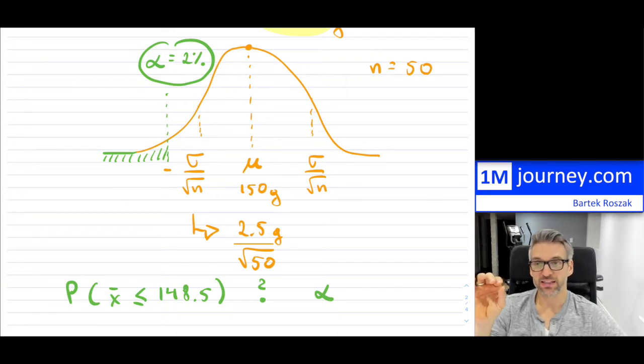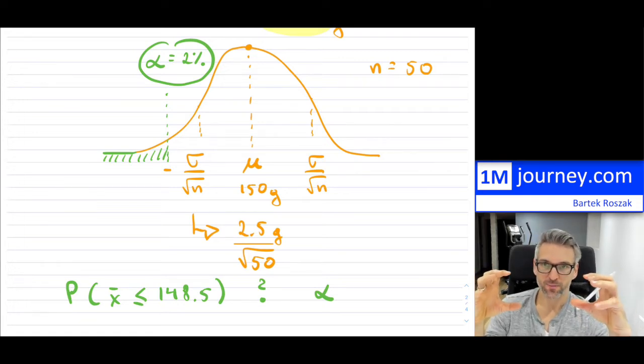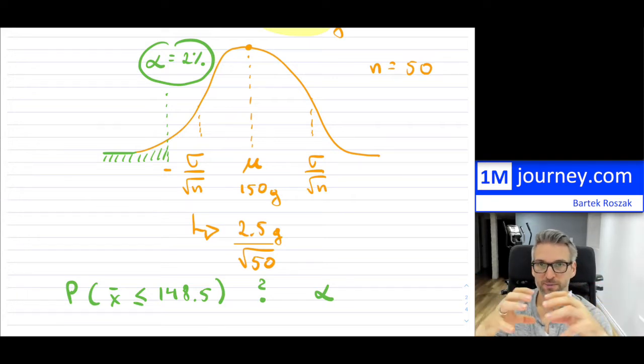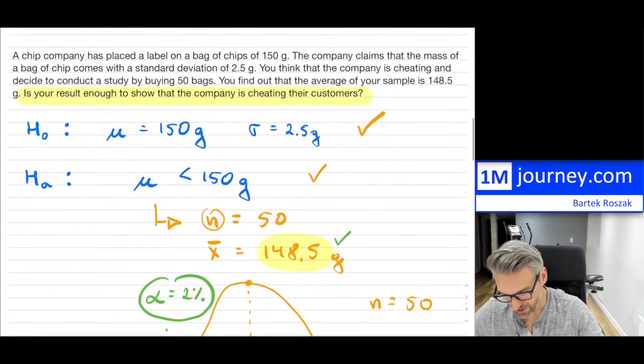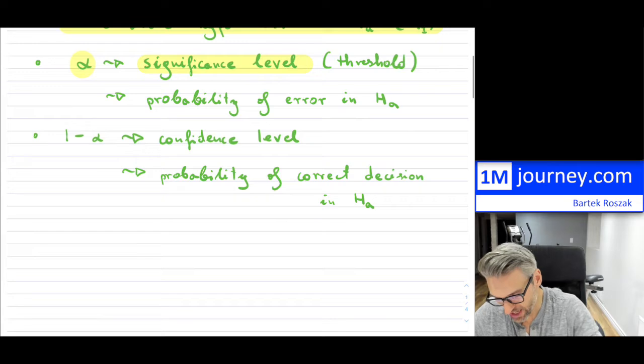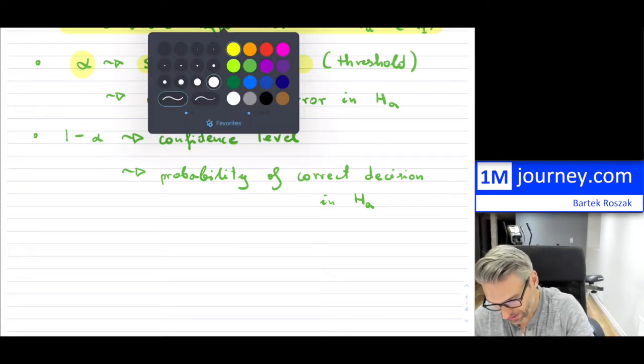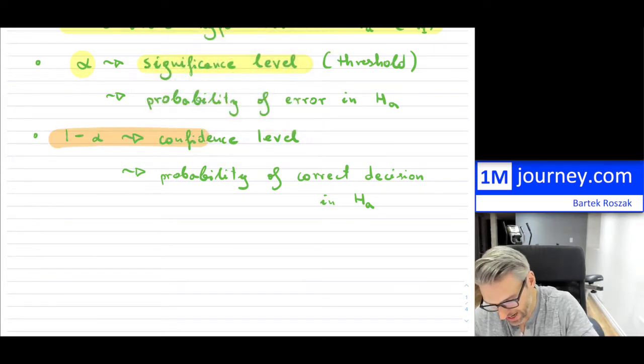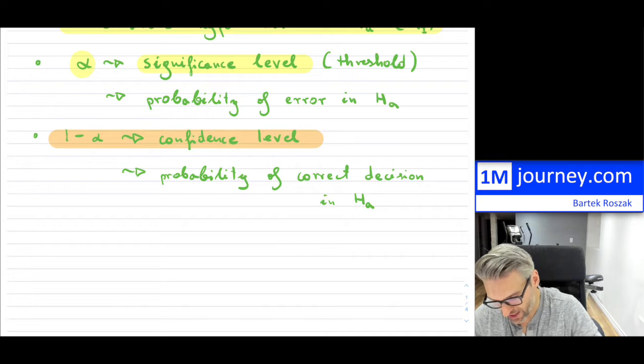Now, if it's less than that threshold, it means there is a very small probability that the sample you have taken could have actually occurred within the entire span of all the samples. Another way of thinking about this is that there is a confidence level of 1 minus the threshold.